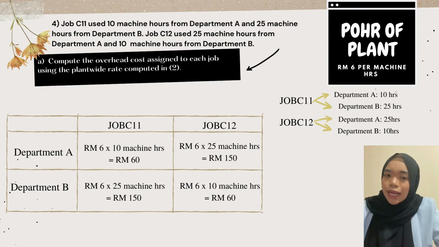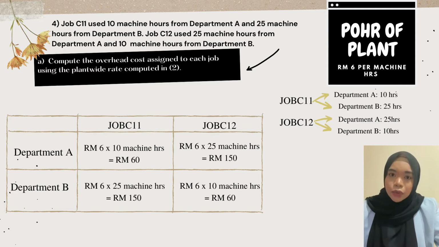The question asks us to compute the overhead cost assigned to each job using the plant-wide rate computed in question number 2. Kyung already calculated the predetermined overhead rate of the plant, which is 6 ringgit per machine hour, right?